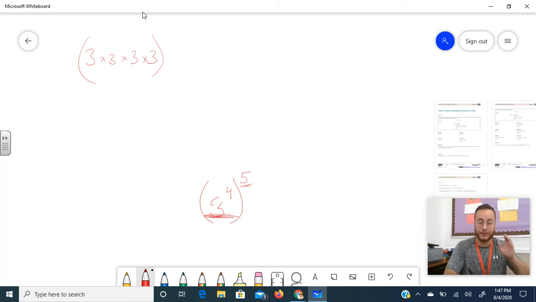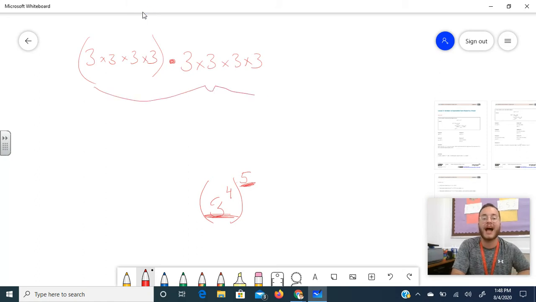That means I have 3 to the 4th power being multiplied by itself 5 times. What that looks like is, remember, 3 times 3 times 3 times 3 is 3 to the 4th power. I'm going to multiply that again by 3 times 3 times 3 times 3. So this is 3 to the 4th power times 3 to the 4th power again. A total of how many times do y'all think? It's a total of 5 times.